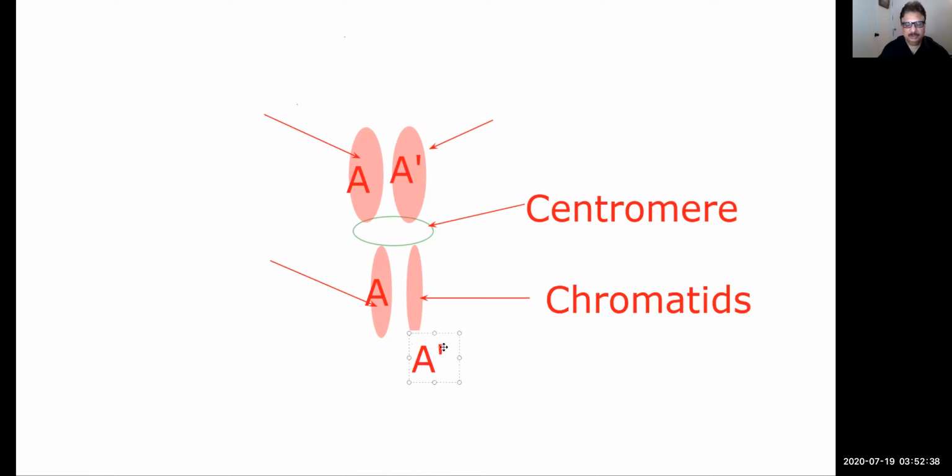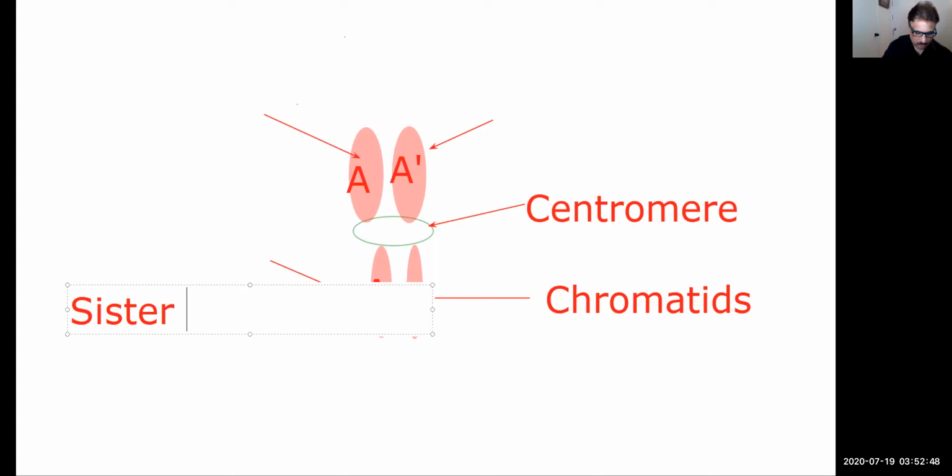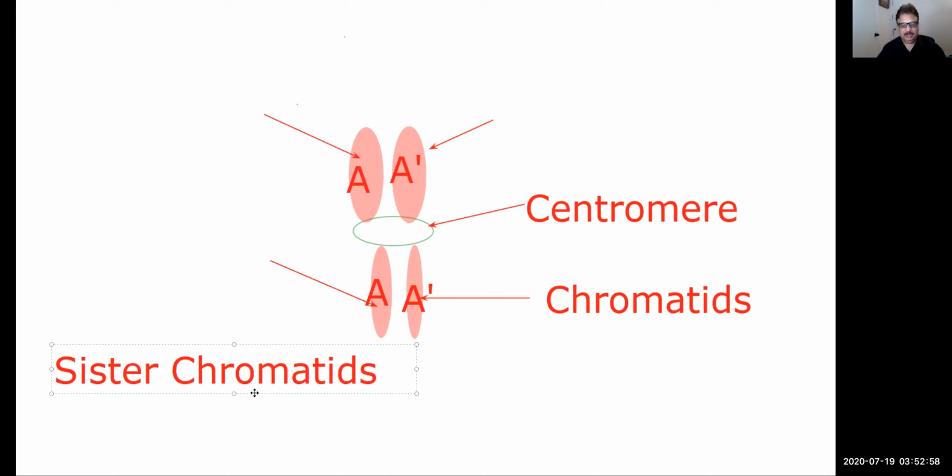Now, what is the relationship between A and A prime? They are called sister chromatids. They will have identical DNA. The relationship between A and A prime is that they are called sister chromatids.